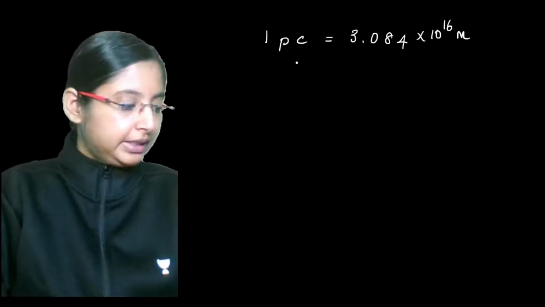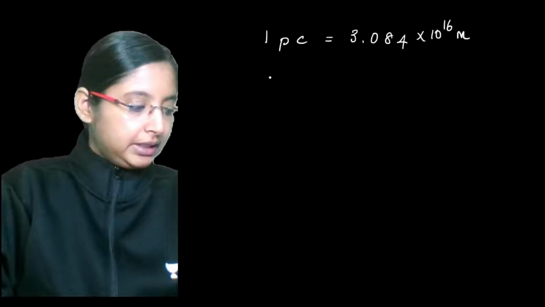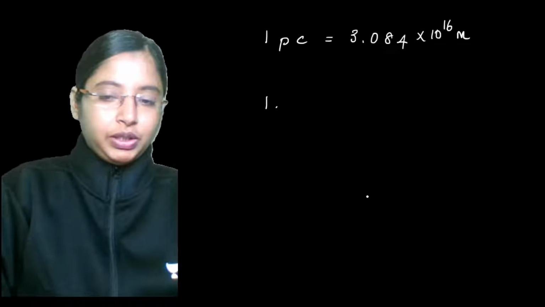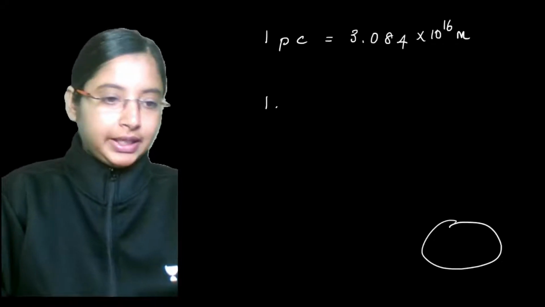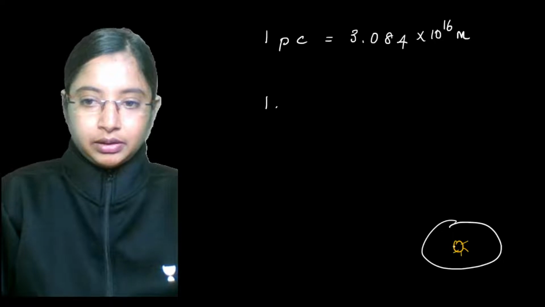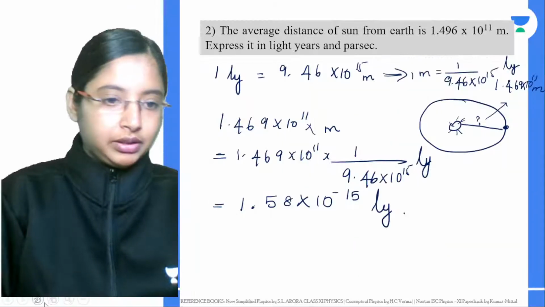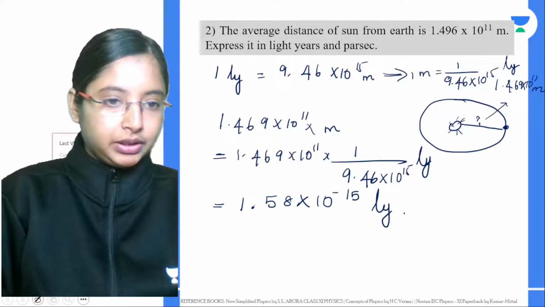Now how do we express this in terms of meters again? Now we know this distance is the distance between the sun and the earth.